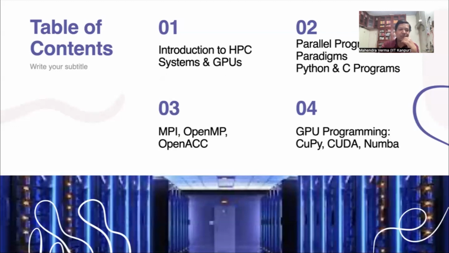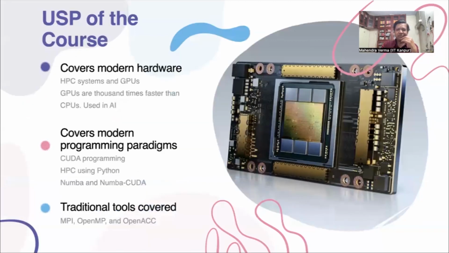Now, why HPC and why this course? There are courses on HPC which may cover either hardware or MPI programming or OpenMP programming or only GPU programming. In this course, I try to cover all of them, but not as deep, and also compare them.